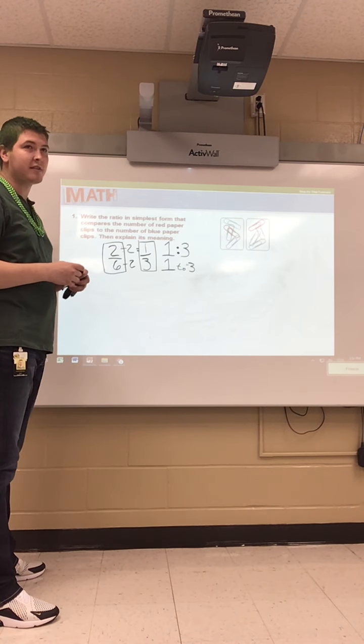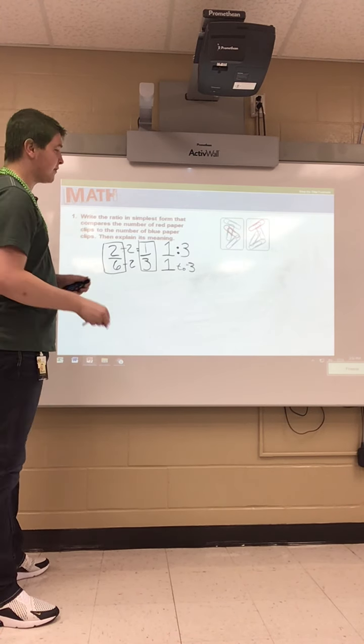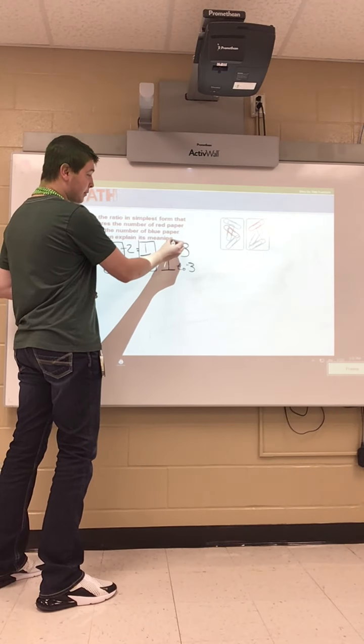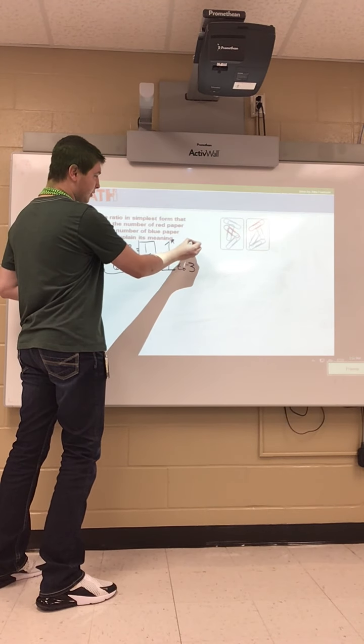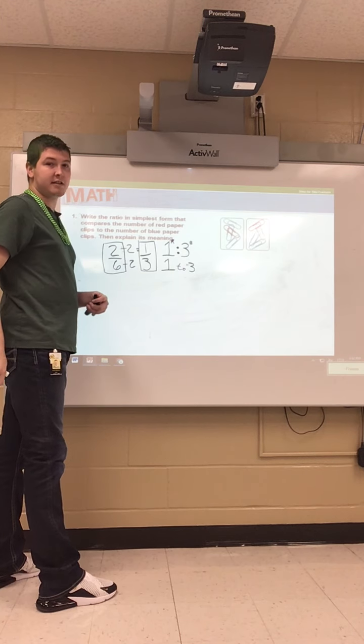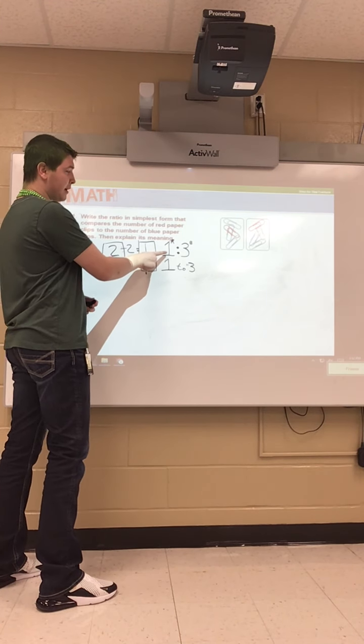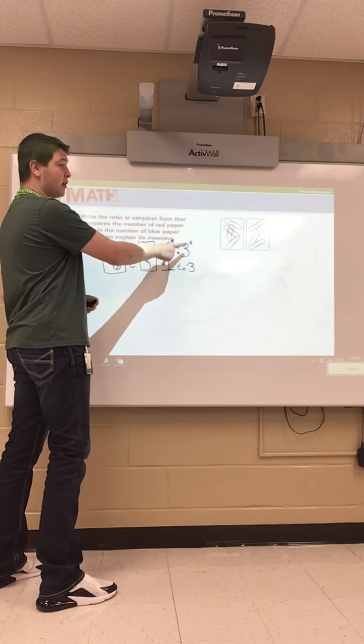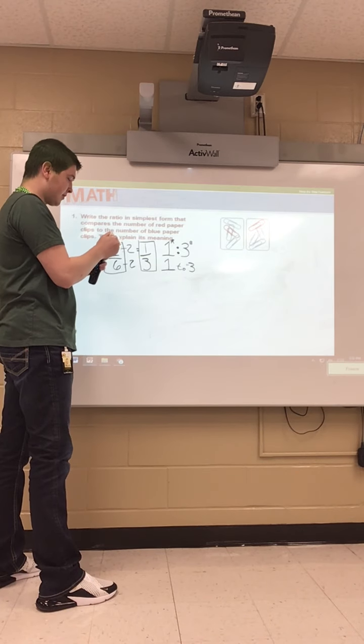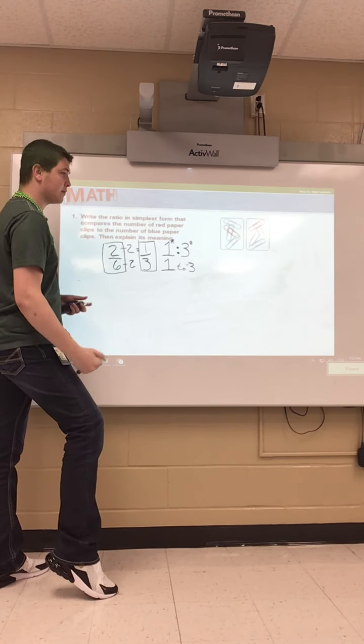Now, it wants you to know what the meaning of it is. So 1 to 3, what does that mean? Remember that these are red paper clips, these are blue paper clips, and it means that for every 1 red paper clip, there are 3 blue paper clips. And that's what it means by the meaning.